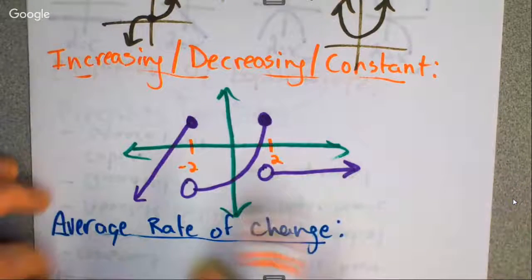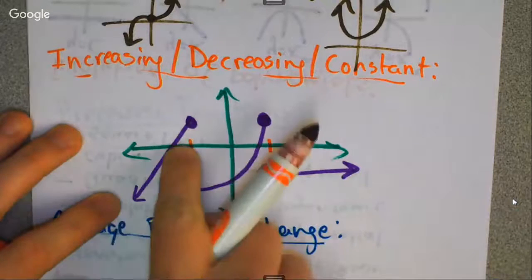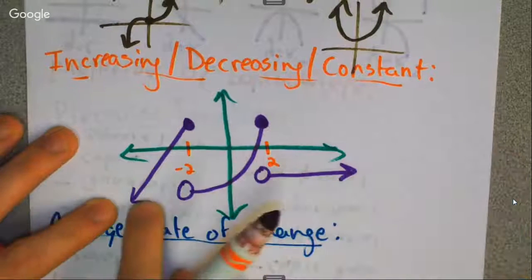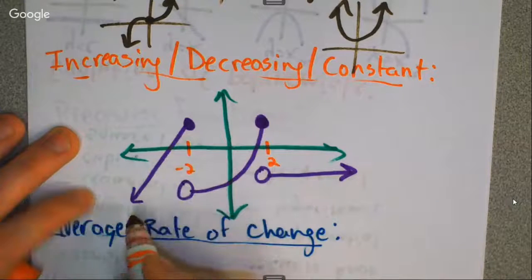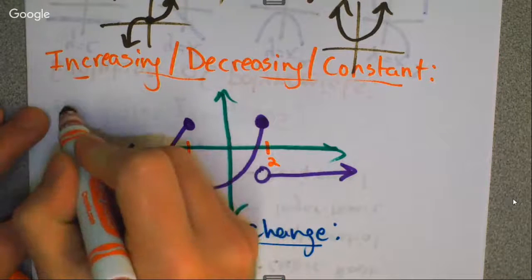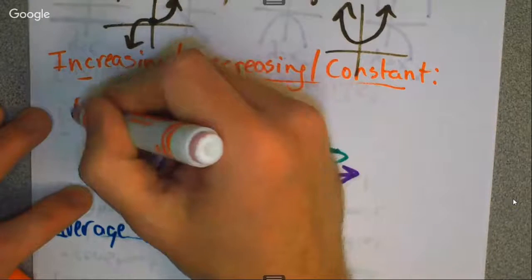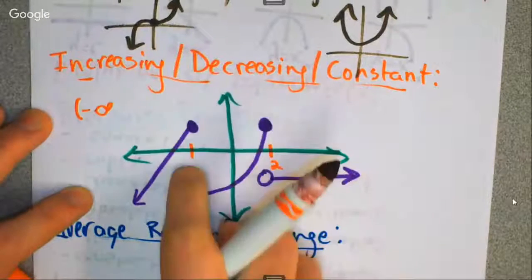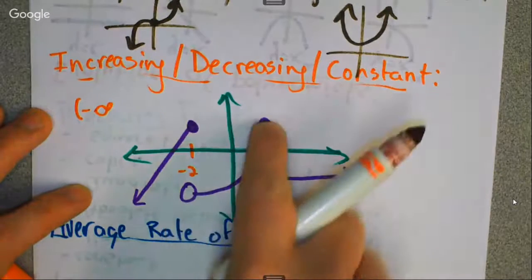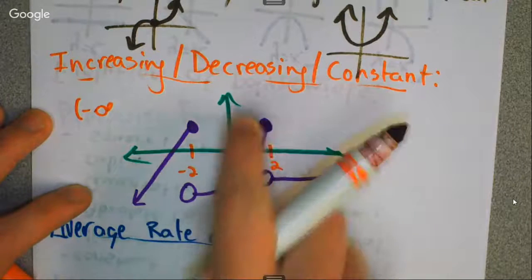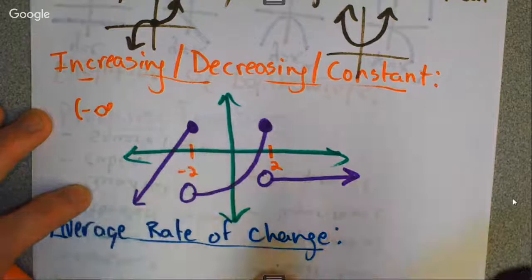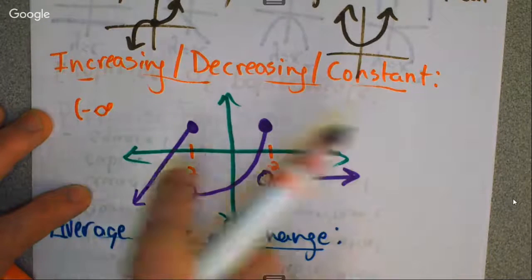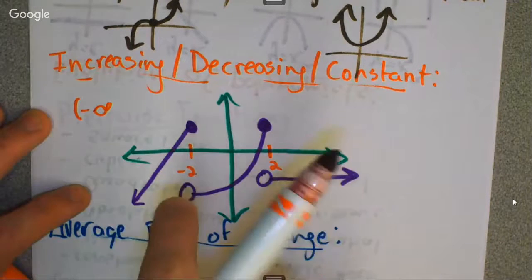Okay, well, it's increasing, even though this arrow is pointing down. Since we read it left to right, we know that that is increasing. It has a positive slope, so it is increasing from negative infinity to -2, but also look at -2, it's increasing again. Okay, so it's actually increasing from negative infinity to -2, but also -2 to 2.